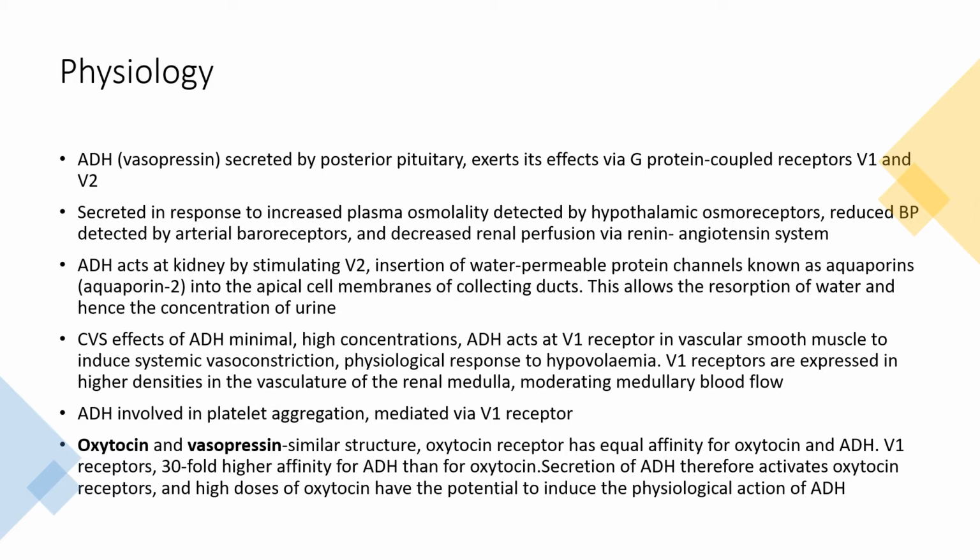It's secreted in response to increased plasma osmolality, which is detected by the hypothalamic osmoreceptors, by reduced blood pressure detected by arterial baroreceptors, and also in response to decreased renal perfusion via the renin-angiotensin system.